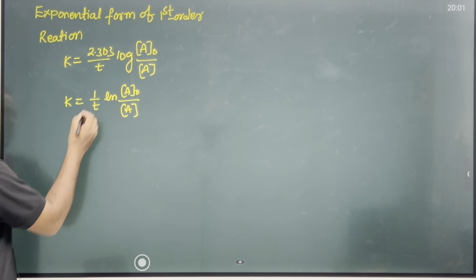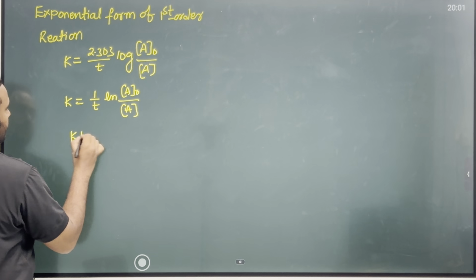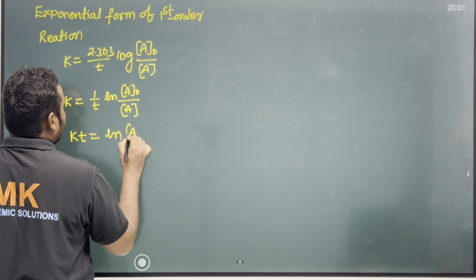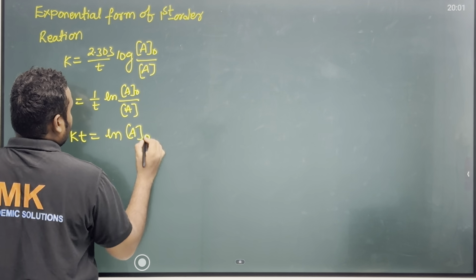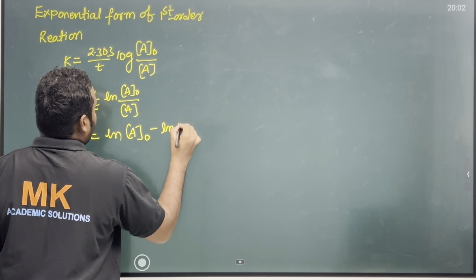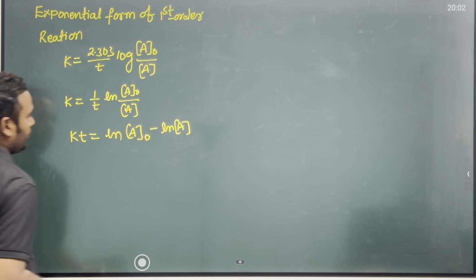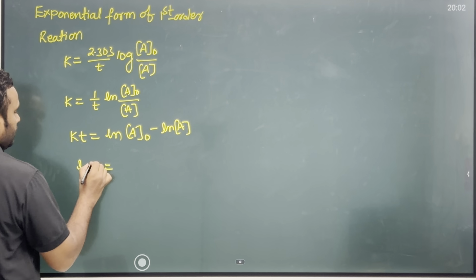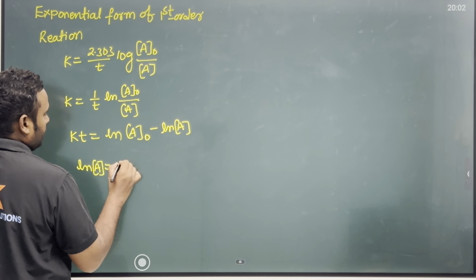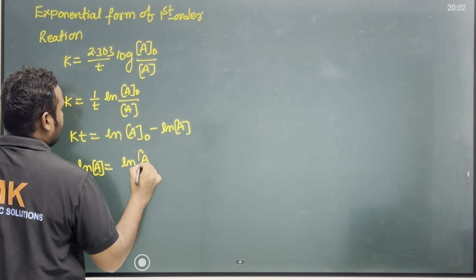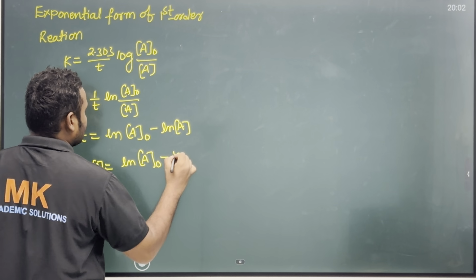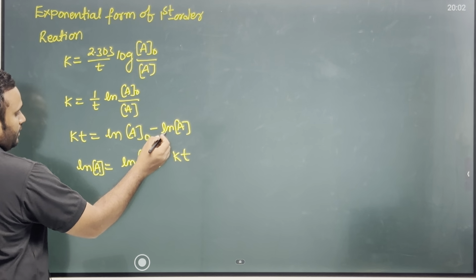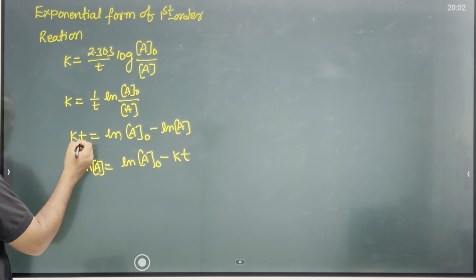So now you send this t this side: Kt is equal to ln A naught minus ln A. Therefore ln A is equal to ln A naught minus Kt. Here I sent ln A this side and Kt that side.